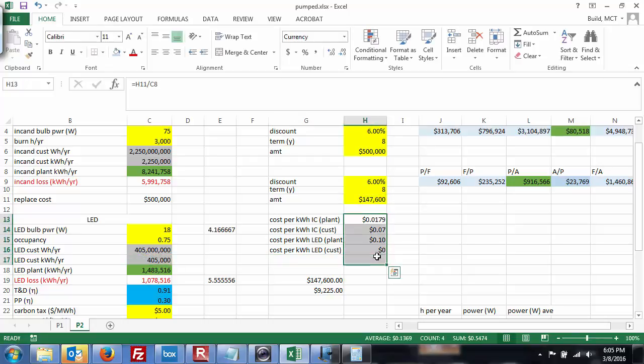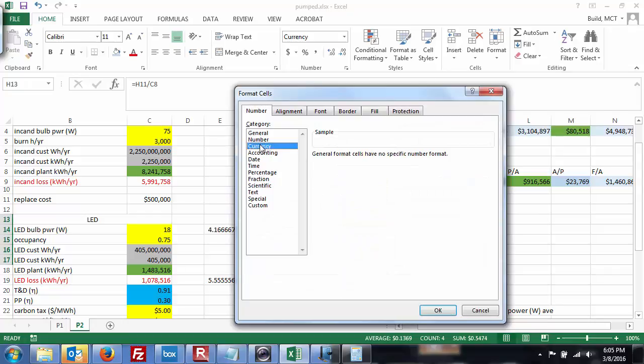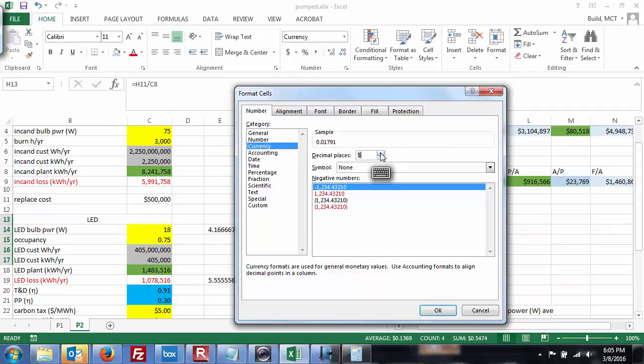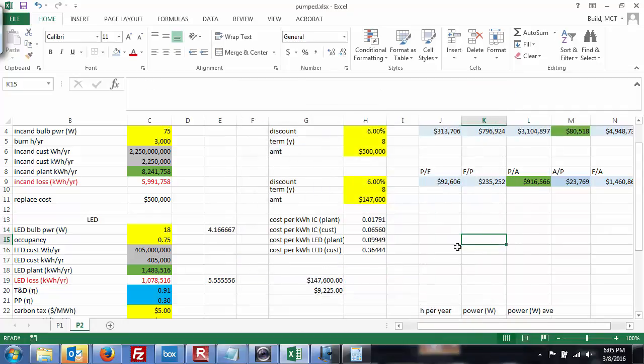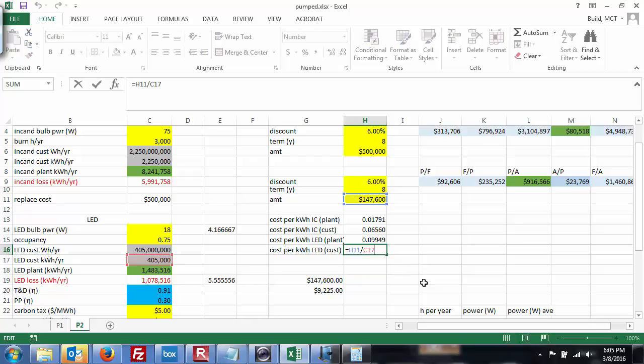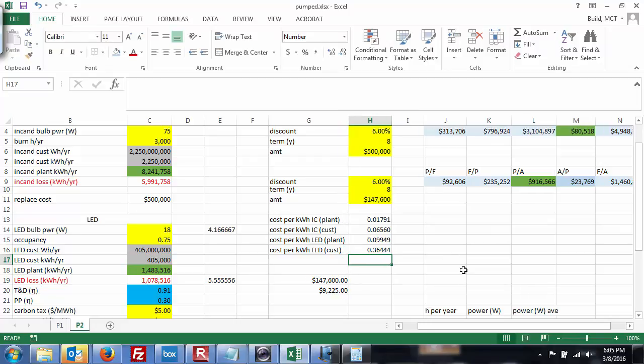So let's make all these the same format. Control 1, currency. Pop out a few more sig digs, fine. Did I do that right? Wow. Let's just double check here. Triple, yeah, wow. 36 cents.